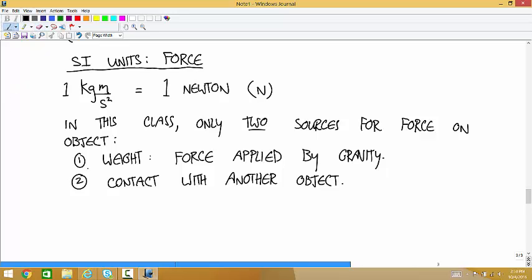There can be other forces besides those, like electric fields. Electricity can produce forces. Magnetism can produce forces, but this is all we're going to do. And those aren't any harder to deal with. We're just not going to.